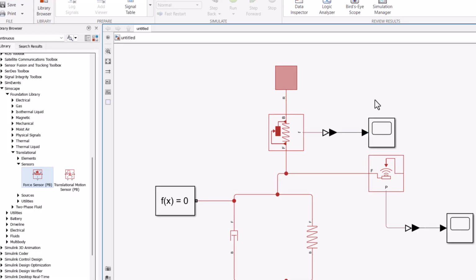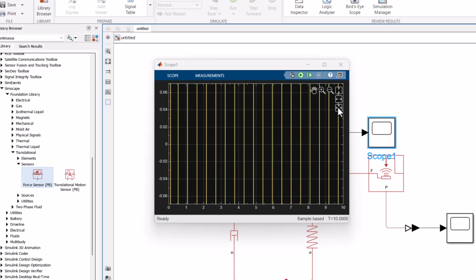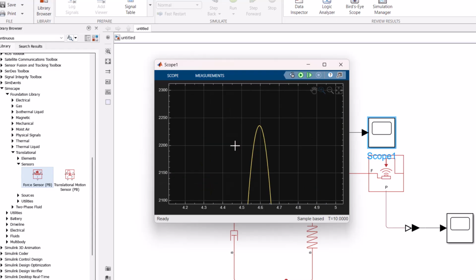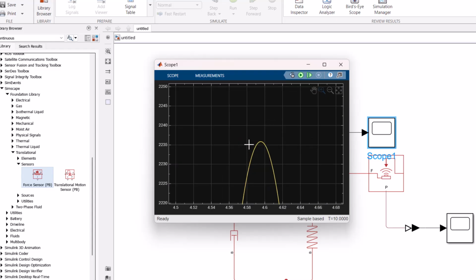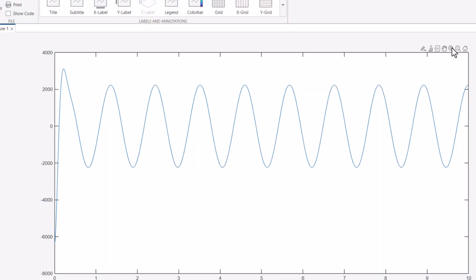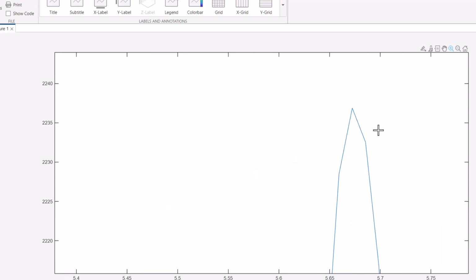Now I hit Ctrl T, and if I double click on it, here you can see a similar answer. So if I zoom in, I can see that the steady state amplitude of the force is equal to 2235. And here it was basically the same answer.